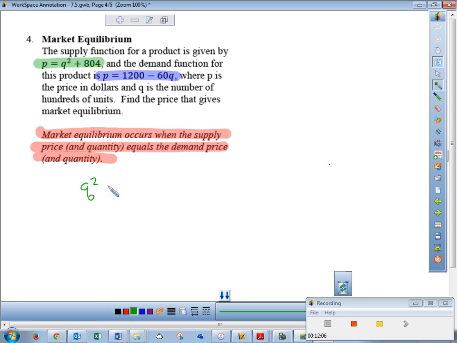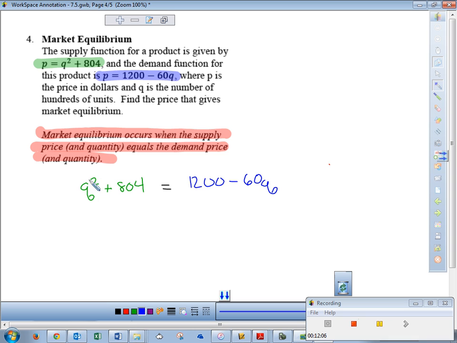Q squared plus 804 should equal 1200 minus 60Q. All in terms of Q, but you got Q to the first and Q to the second. Let's get everything equal to 0 so we could maybe factor or use the quadratic formula or something like that.